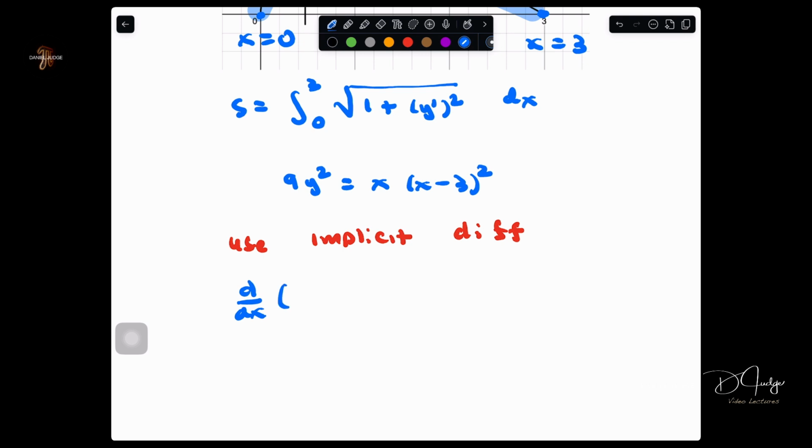So here's the deal. d dx of 9y squared is d dx of x times (x minus 3) squared.